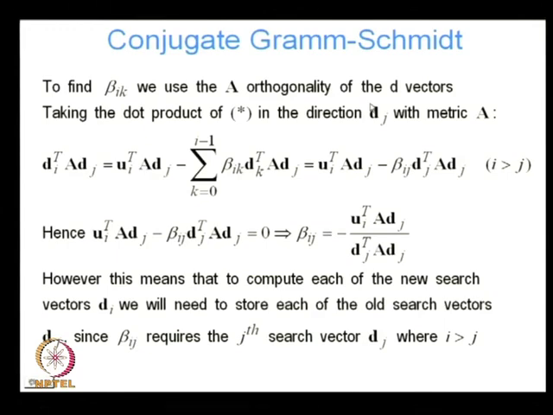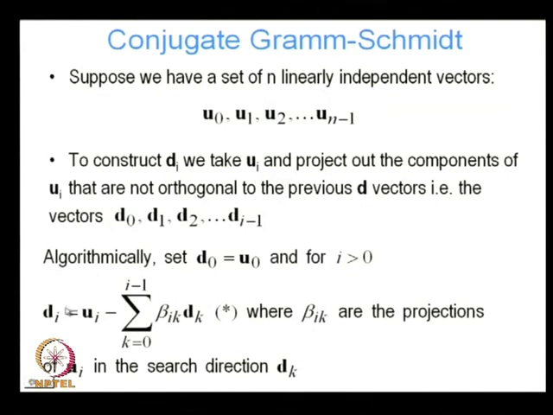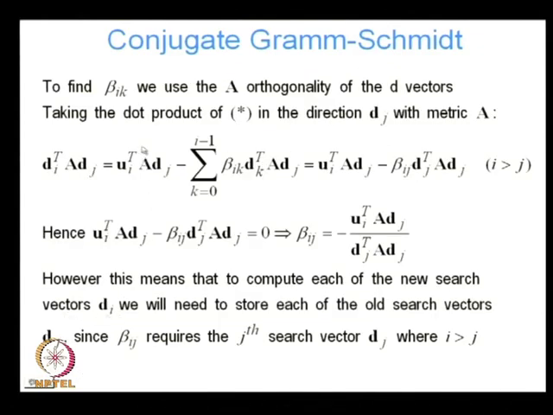So, I take di transpose A dj. So, that gives ui transpose A dj minus sigma k equal to 0 to i minus 1 beta ik dk transpose A dj, right.